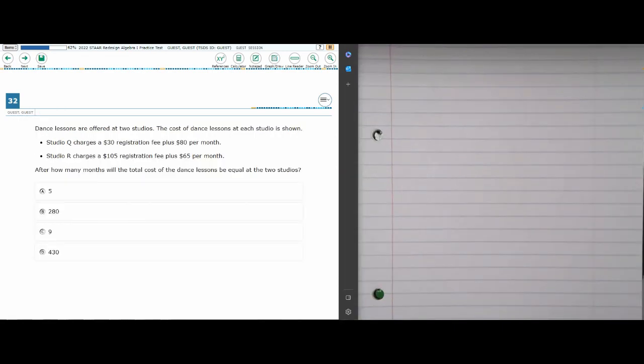In this problem, it says dance lessons are offered at 2 studios. The cost of dance lessons at each studio is shown. Studio Q charges a $30 registration fee plus $80 per month.